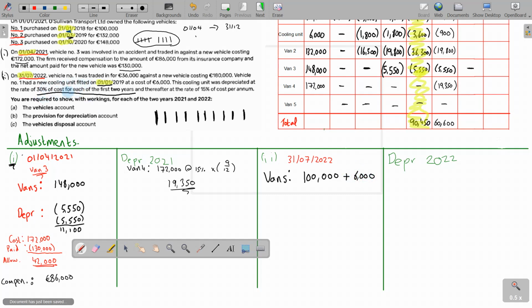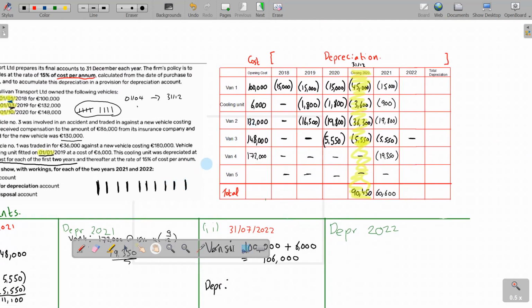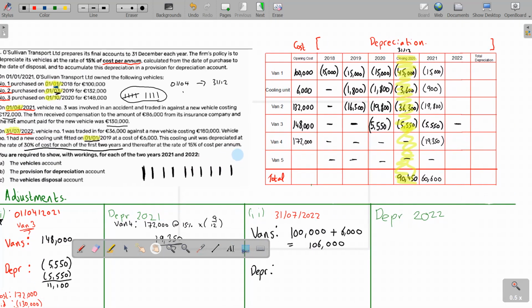If we're trading in vehicle 1, the upgrade is attached to vehicle 1, so that also has to go. So 106,000. Now the depreciation is going to be the total depreciation for van 1 and total depreciation for the cooling unit.